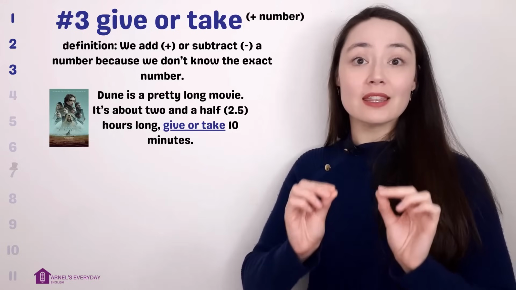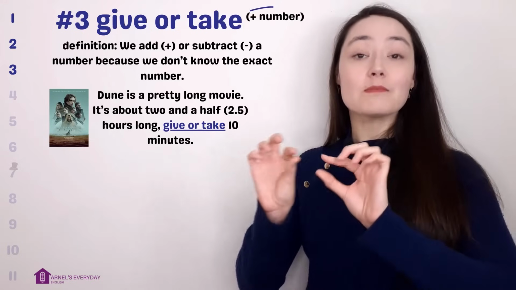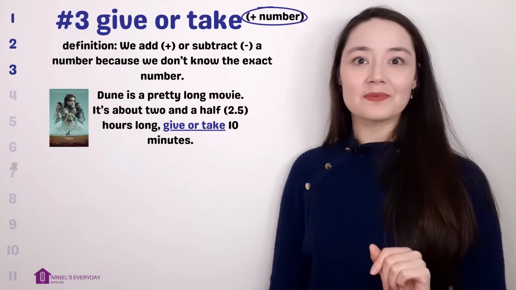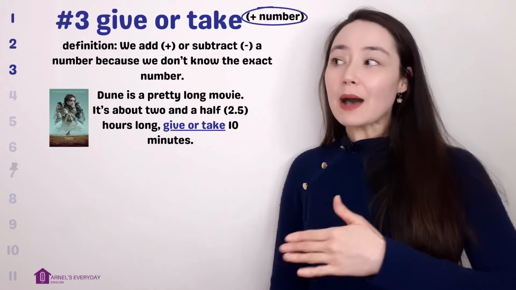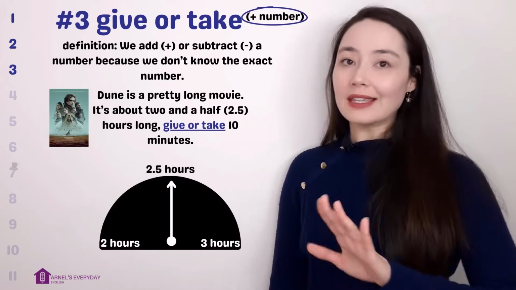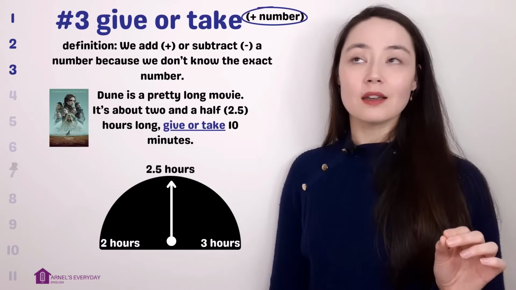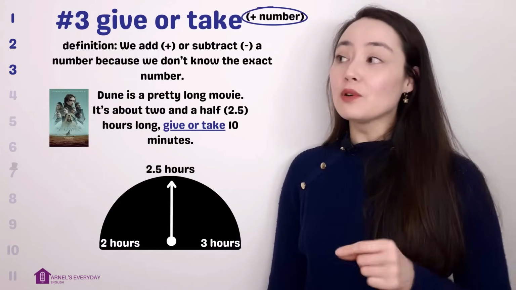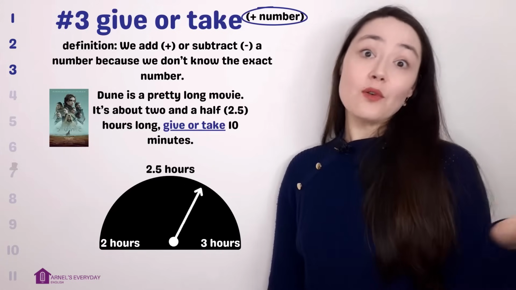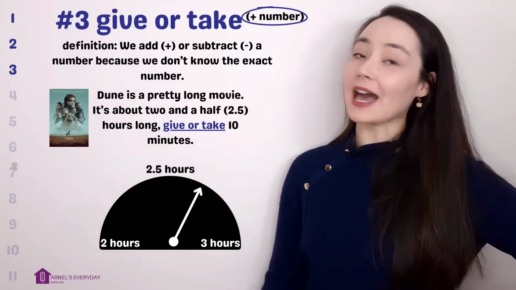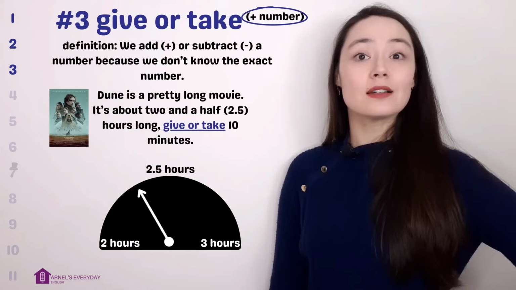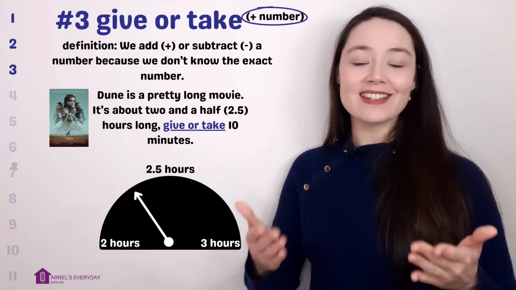So normally you'll see this, give or take plus a number. The movie is about 2.5 hours long, give or take 10 minutes. So maybe the movie is actually 2 hours and 40 minutes. Maybe it's actually 2 hours and 20 minutes. I'm giving and taking 10 minutes.